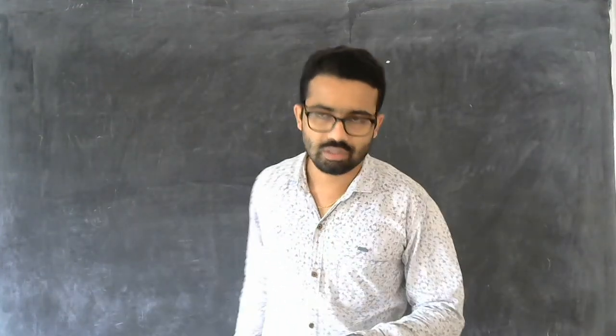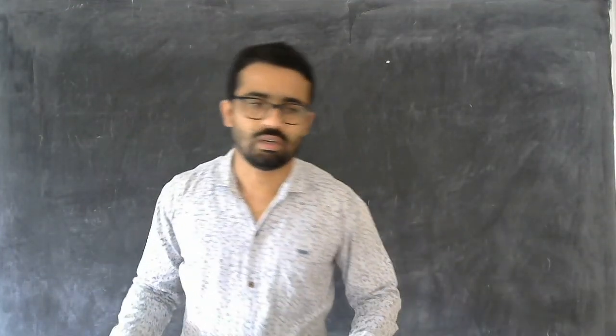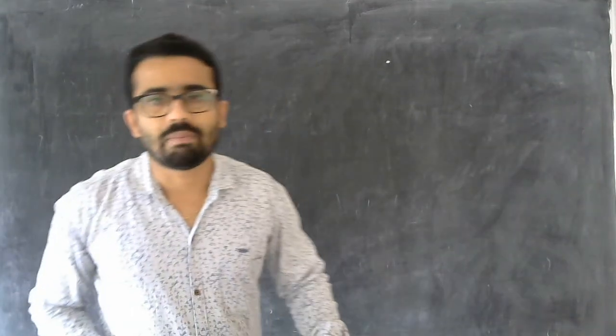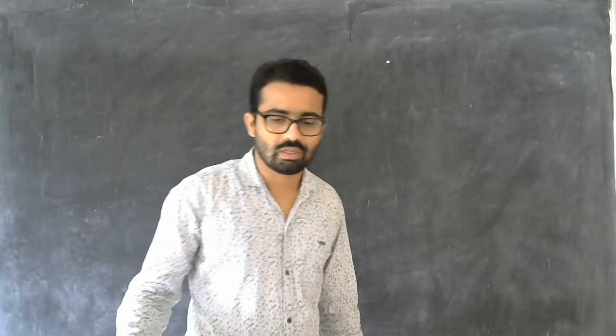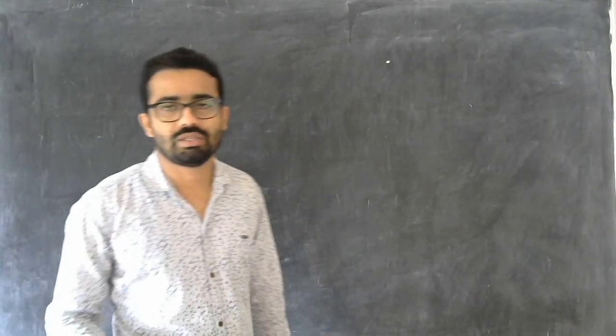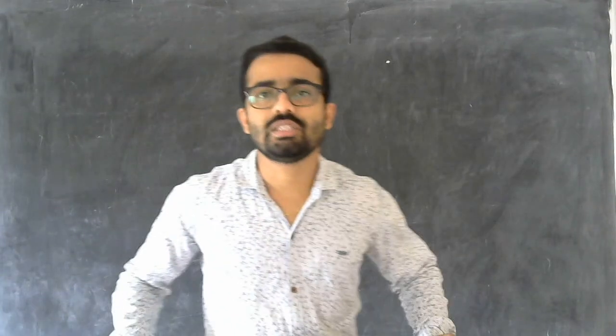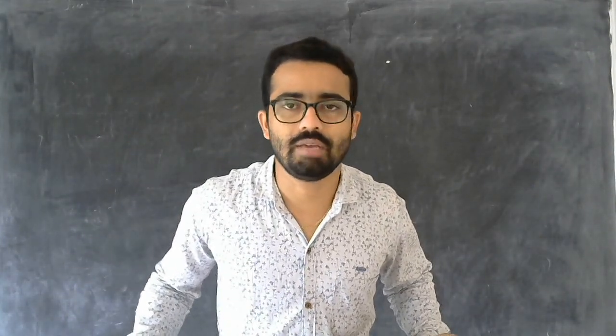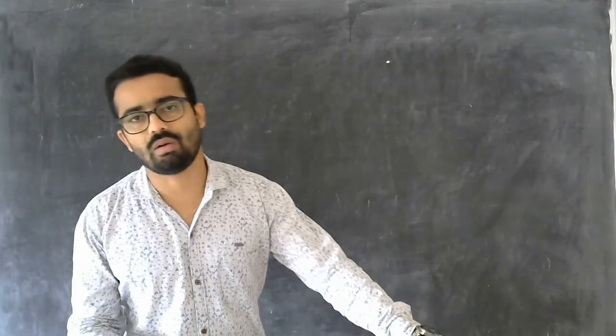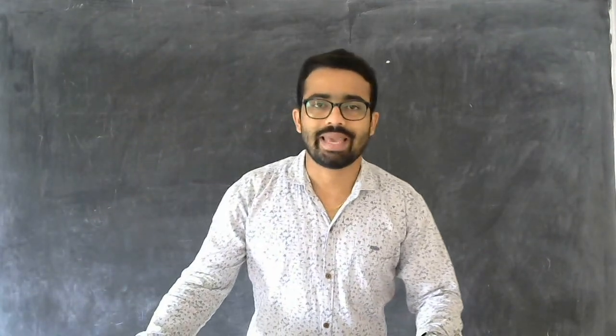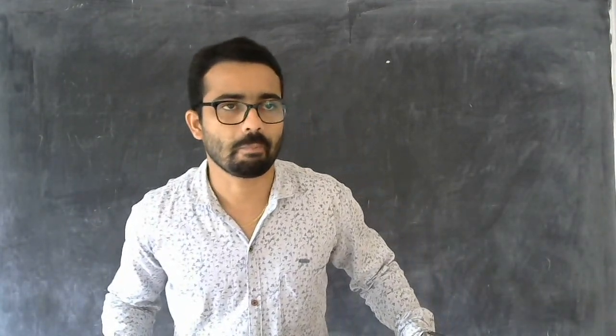In the previous session, we discussed AC applied to a series LCR circuit. In that, we got the equation for the impedance of the circuit, Z is equal to square root of R square plus (XC minus XL) whole square.